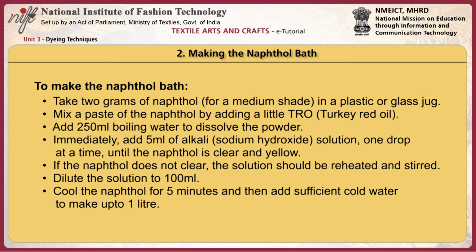Immediately add 5 ml of alkali solution, 1 drop at a time, until the naphthol is clear and yellow. If the naphthol does not clear, the solution should be reheated and stirred.